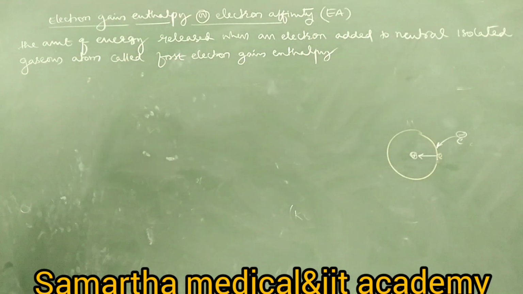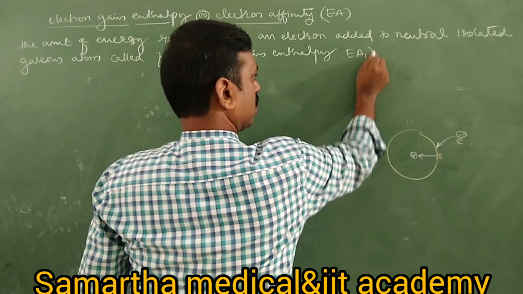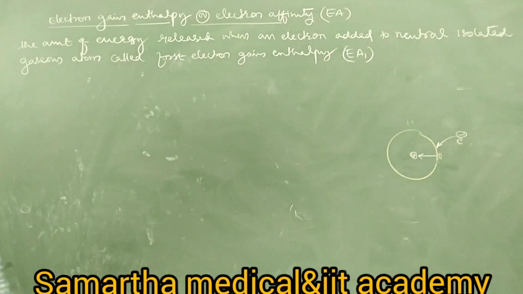First electron gain enthalpy is also called first electron affinity, EA1.